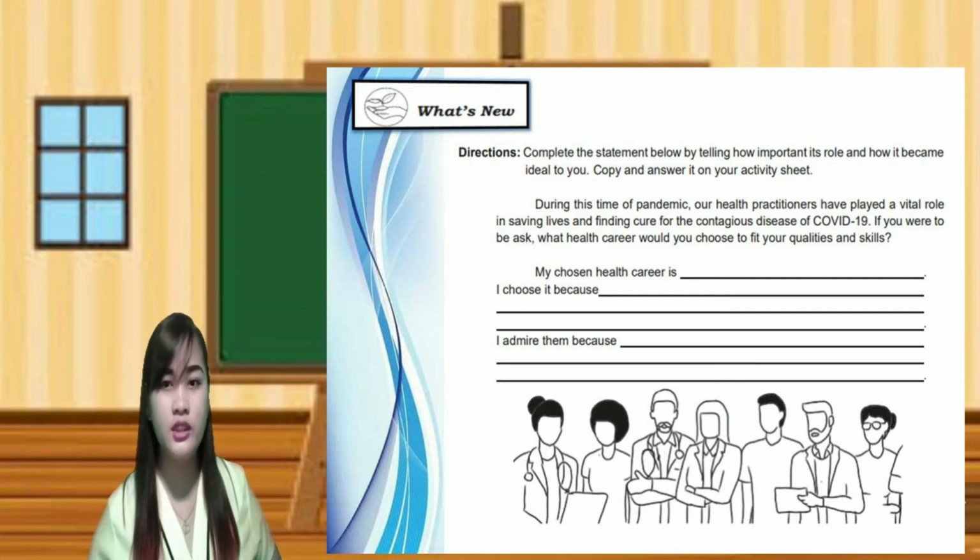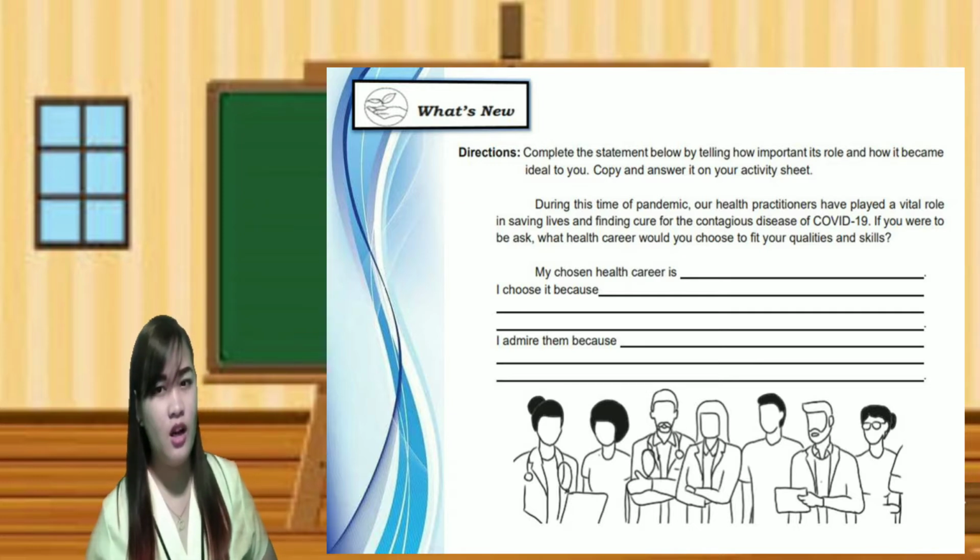During this time of pandemic, our health practitioners have played a vital role in saving lives and finding a cure for the contagious disease of COVID-19. If you were to be asked, what health career would you choose to fit your qualities and skills?